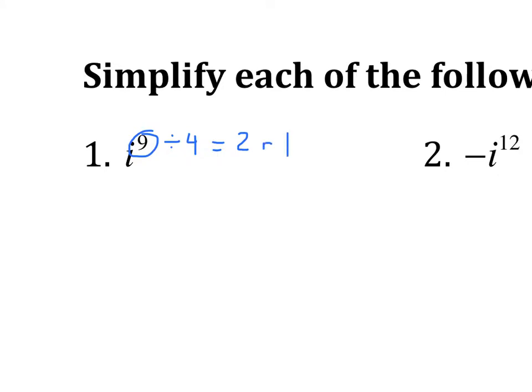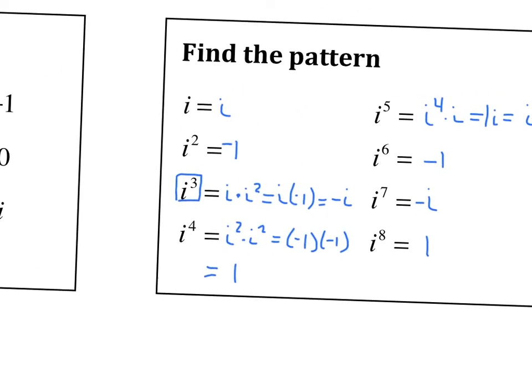So here's the key. It's the remainder that's important. So now, it turns out that i to the 9th is exactly the same as i to the 1 because of the 4-term pattern. So i to the 1 is simply i, according to my chart here.